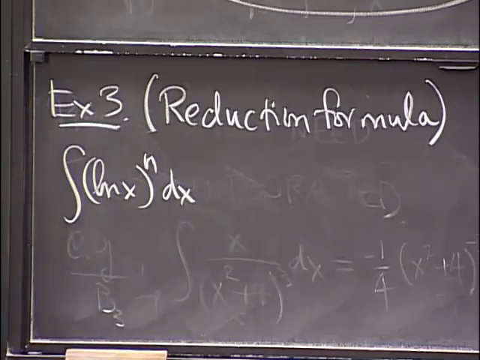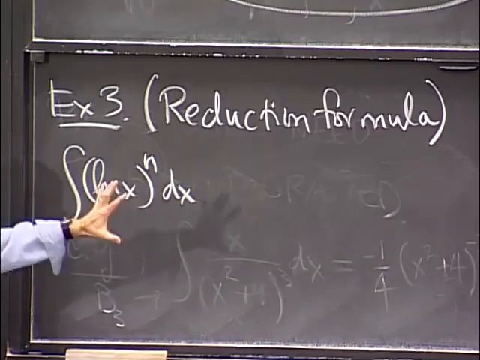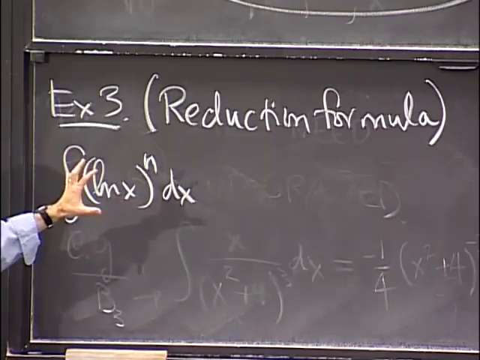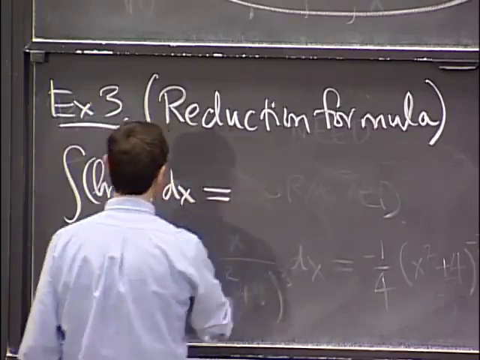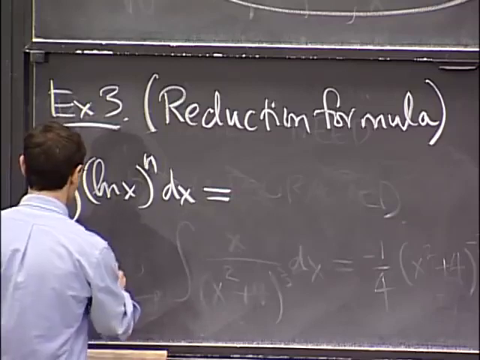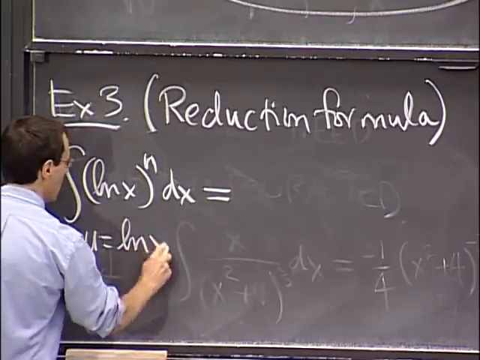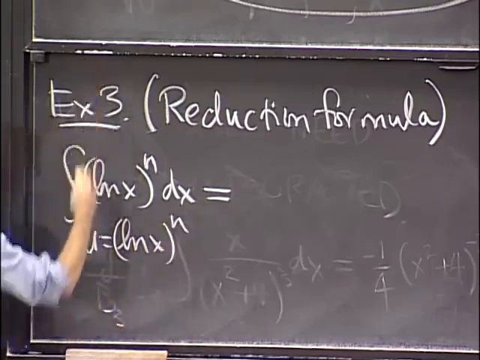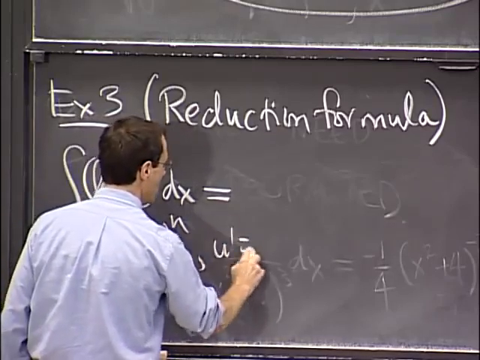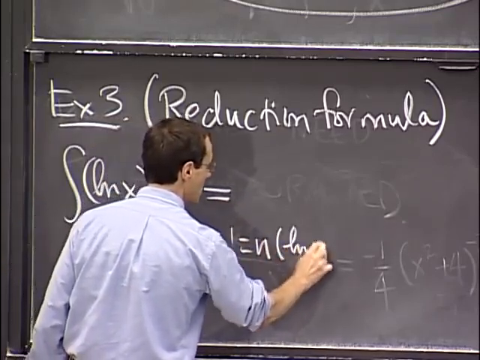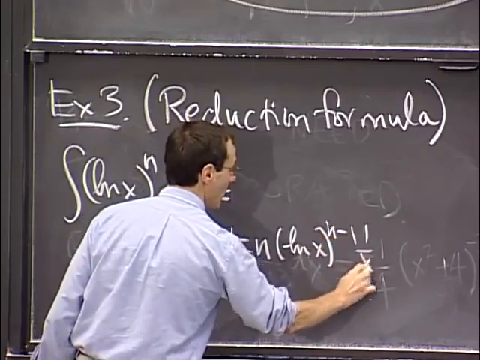And the claim is that if I do what I did in example 2 to this case, I'll get a simpler one, which will involve the n minus first power. And that way I can get all the way back down to the final answer. So here's what happens. We take u as (log x) to the nth power. This is the same discussion as before. v is x. And then u prime is n times (log x) to the n minus 1 times 1 over x.